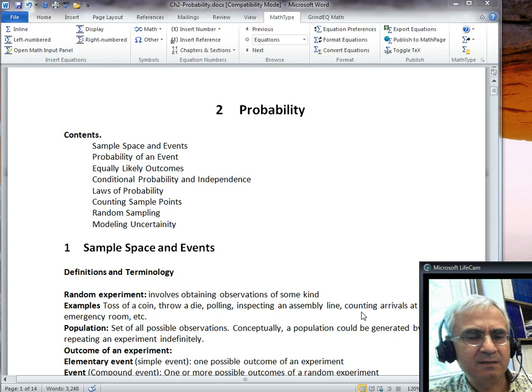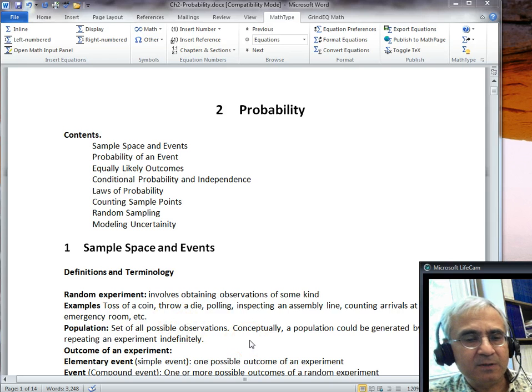All of these are examples of where you can obtain observations, and they represent random experiments because the outcome is not always certain. We don't know how many arrivals at an emergency room will take place at any given hour.